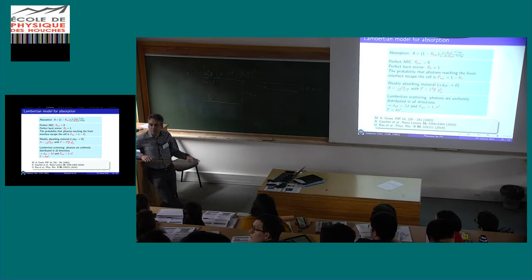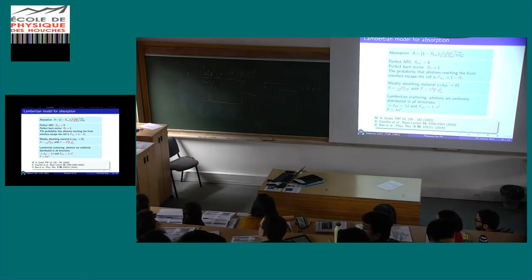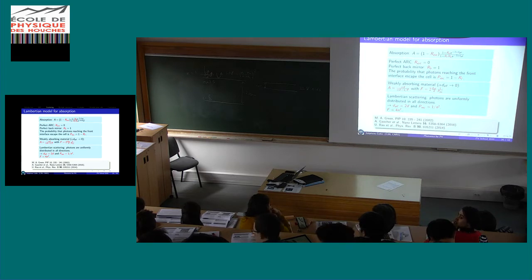In principle, it's even the worst example. But in many papers it's written we are close to the Lambertian limit, and that's not a limit. It's an example for the 4n square situation. But one can put it very simply. If you operate a junction as a light emitting diode, well, you generate light inside.